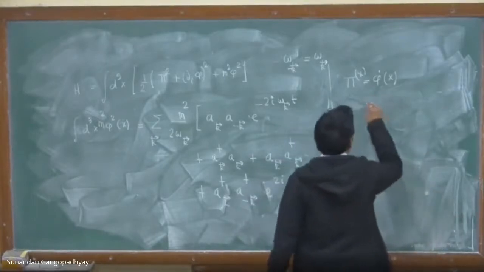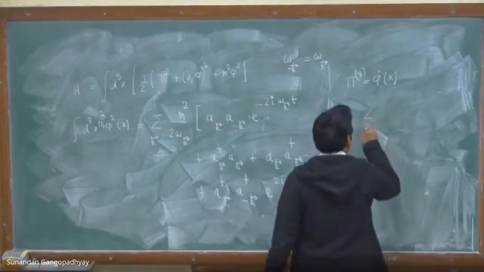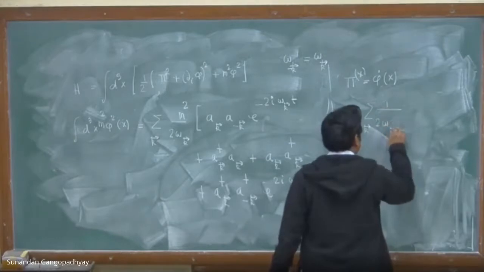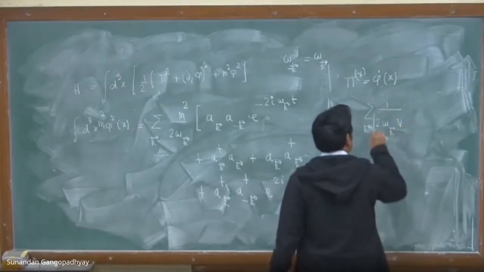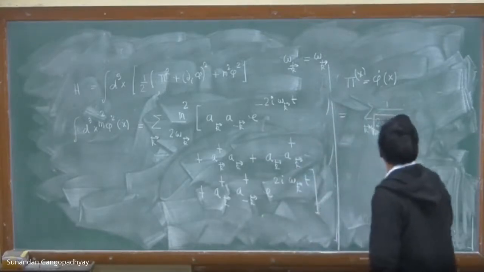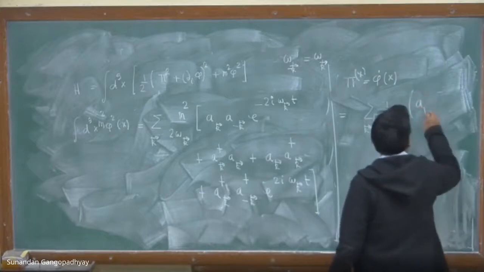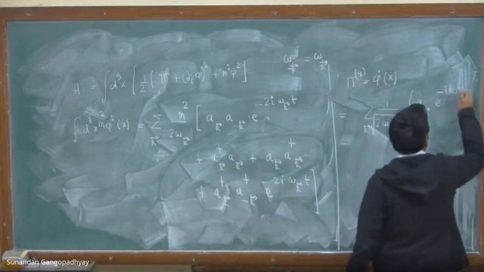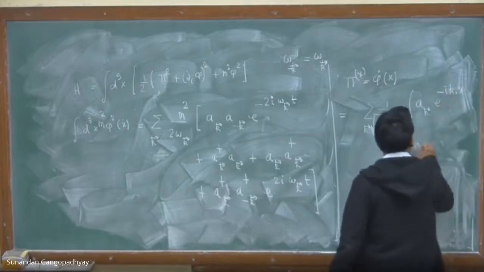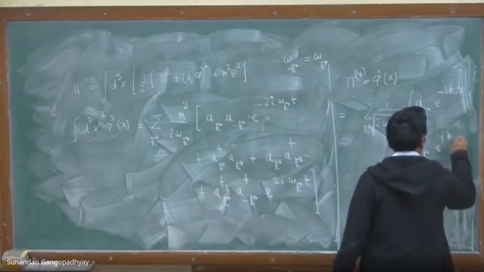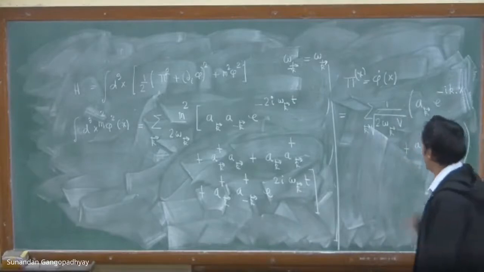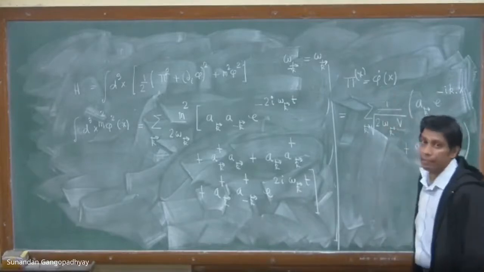Phi of x is the summation over k, 1 by square root of 2 omega k v, then you have a_k e to the power of minus i k dot x plus a dagger e to the power of plus i k dot x. That is what phi of x is. Now you have to take a time derivative of this.